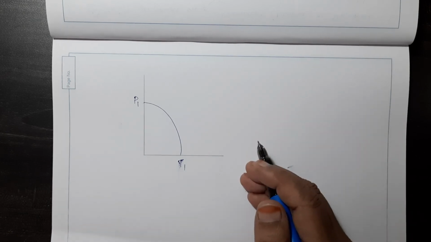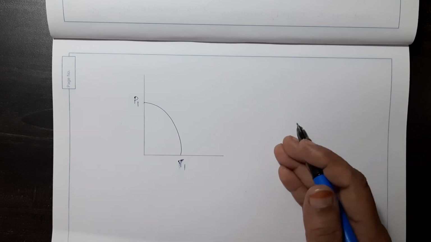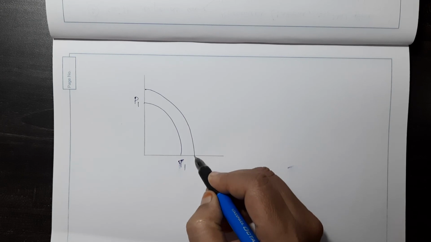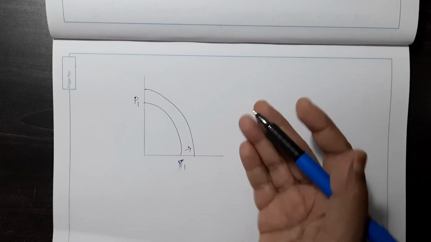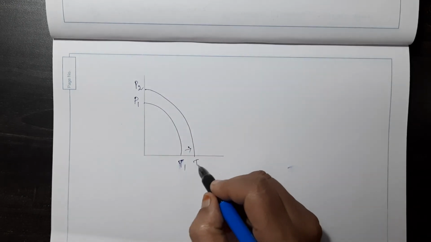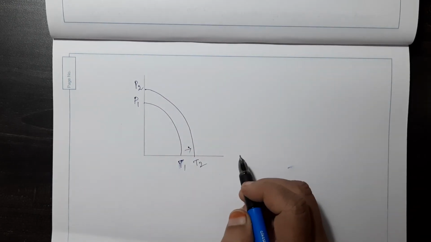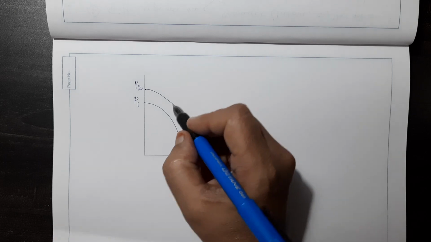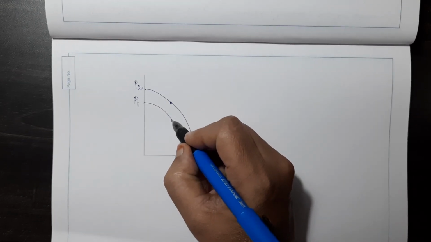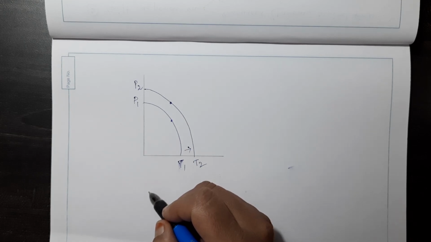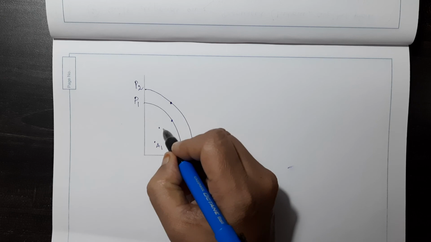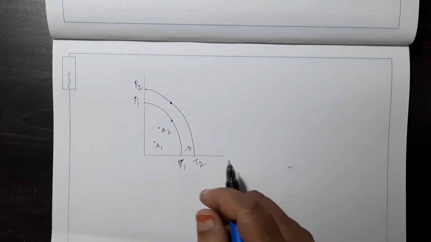We discussed three situations: Clean India Mission, Make in India, Education for All, and all that. So that's another time period. So the PPC moved to the right. This also we learned. So let us say this is the production possibility curve of time period 2 and call it T2. Okay. Now this is on production possibility P2 and this is production possibility on P1. We also have this A1 and A2 where goods are produced.